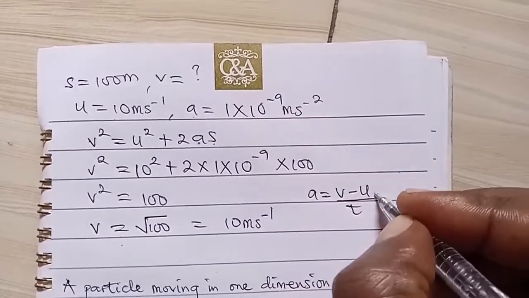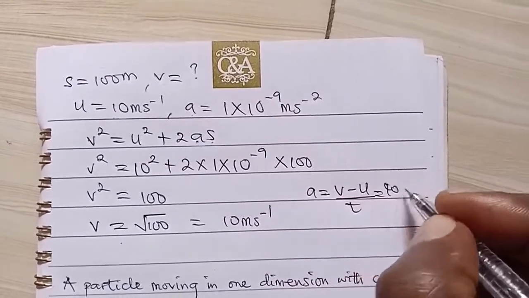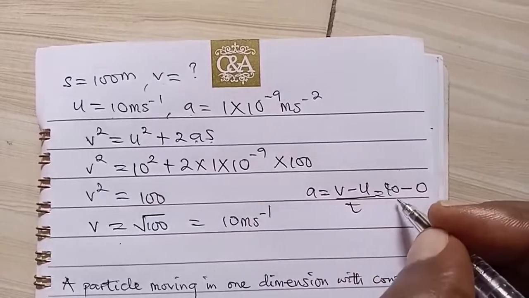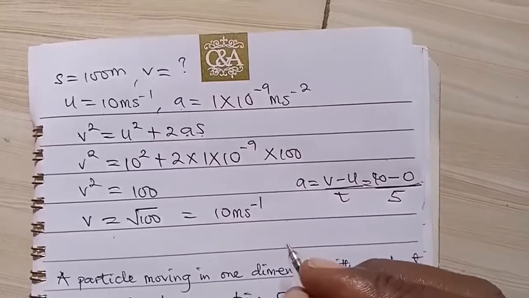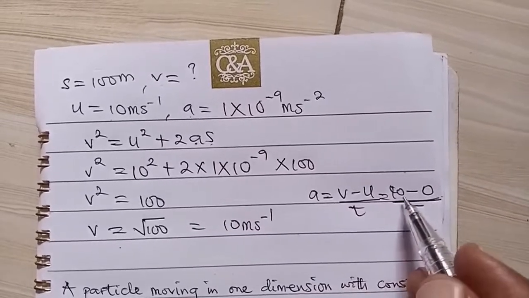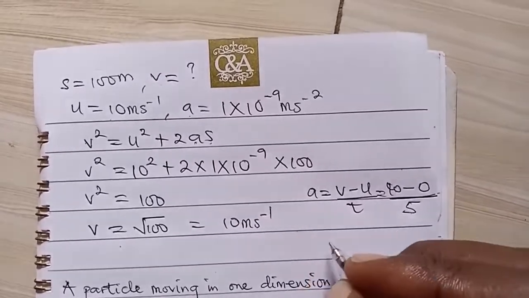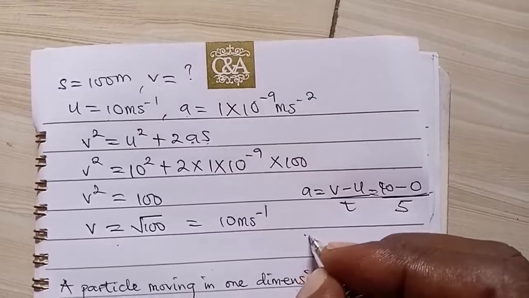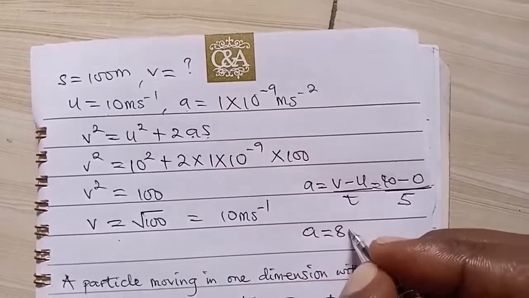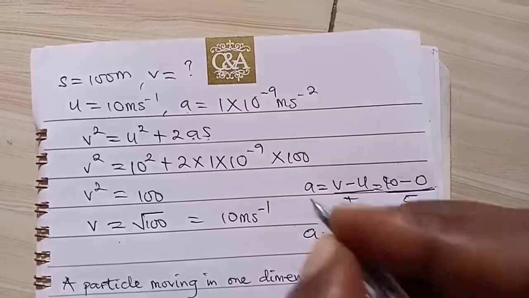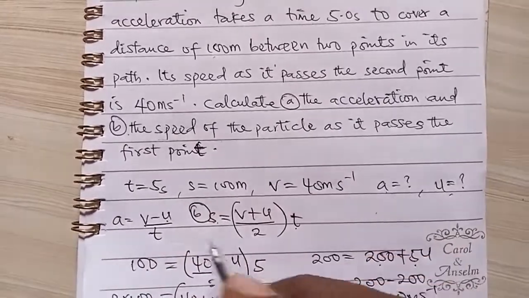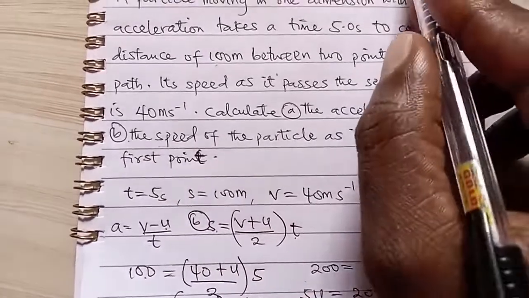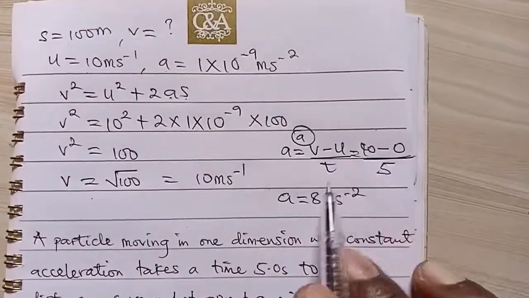So if we fix the values, v is 40, minus u, which is now 0 that we calculated, over t, which is 5. 40 divided by 5 is going to give us 8. So a is equal to 8 meters per second squared. So this is the a part, this is the b part. We solved the b part first, and then we solved the a part.